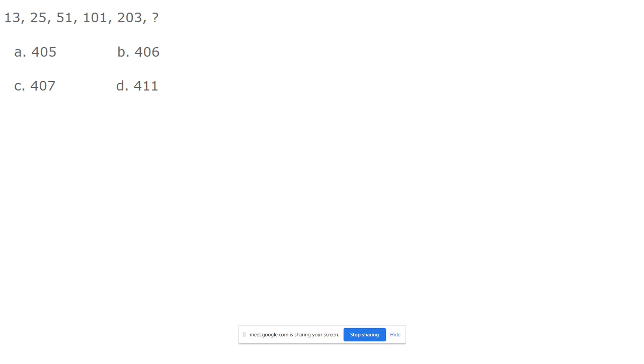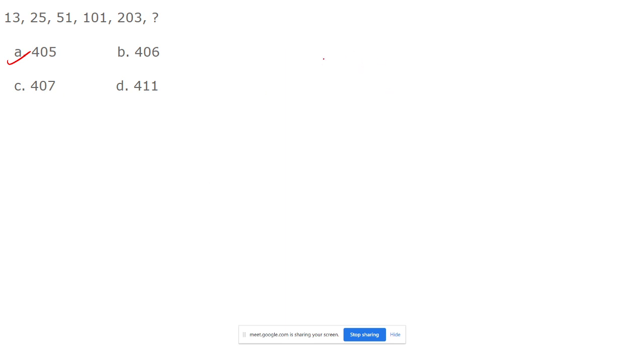Okay, perfect. The correct answer is nothing but 405. Okay, but what is the pattern? Yes, the correct answer is 405. But what is the pattern?